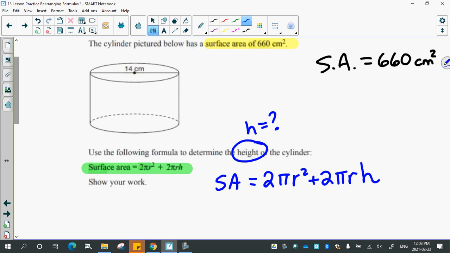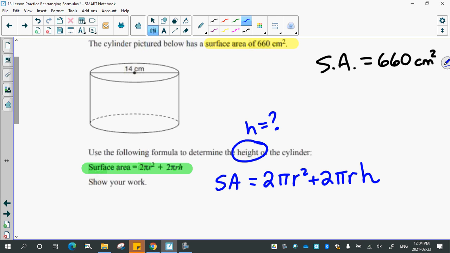And just so people know what we're talking about, who remembers what surface area is? Asha? That's when you find the area of all the surfaces on a 3D object and add it together. Right, so it would be the area of the bottom, if this was a perfect cylinder, the area of the top, and then the area around the outside. Okay, if I added all those areas together, then I would get surface area.